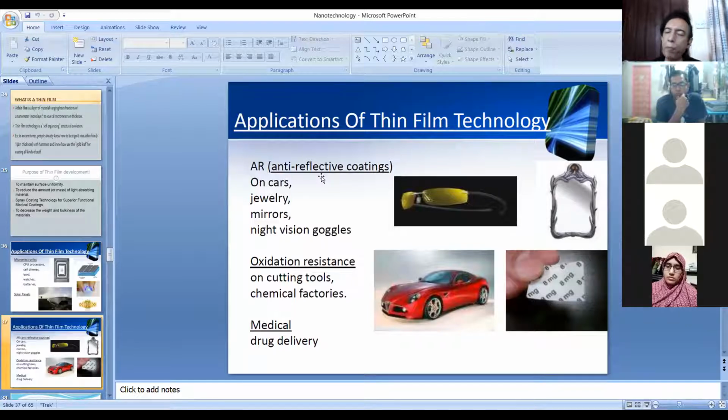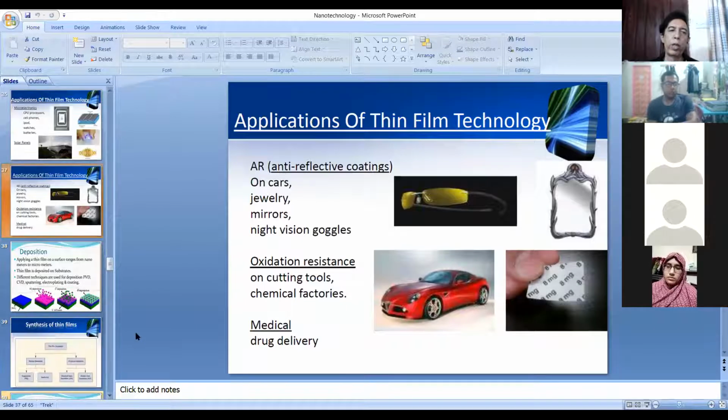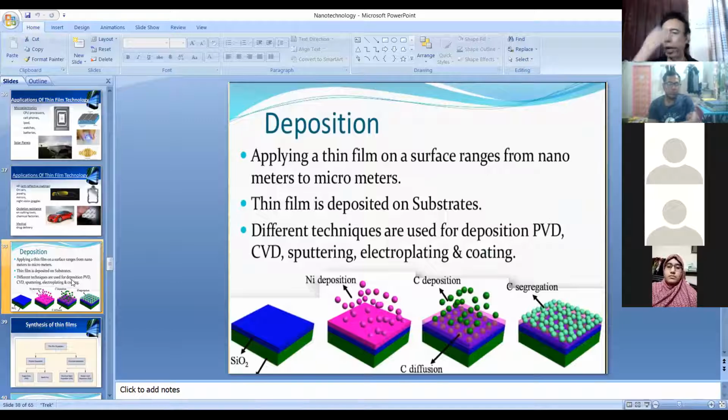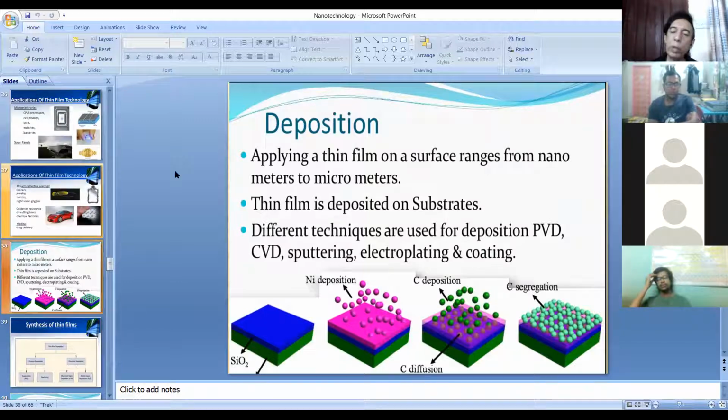Our aim is to prepare a thin film of nano range. Now, for that, we will deposit atoms on a substrate such that the width of that film is in nano range.